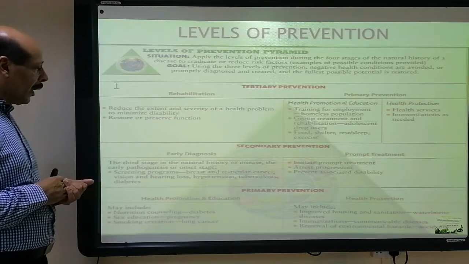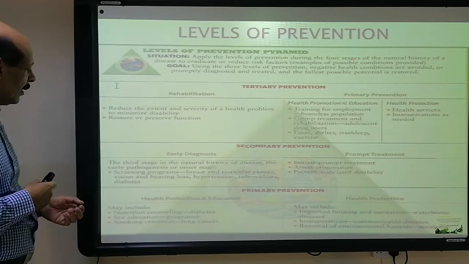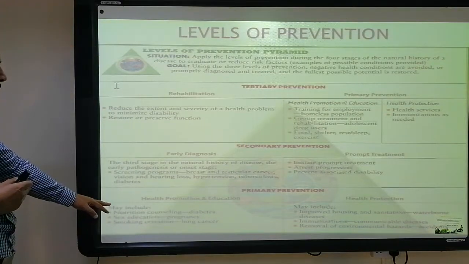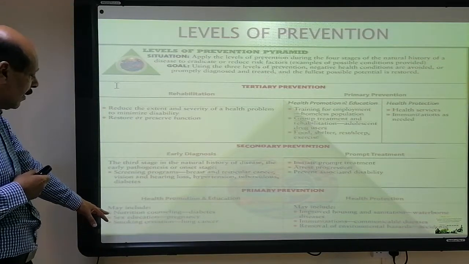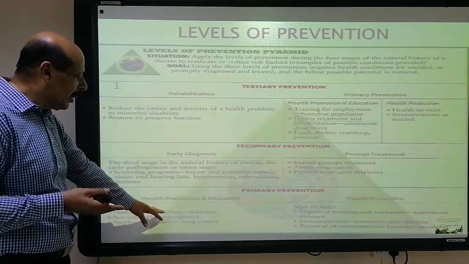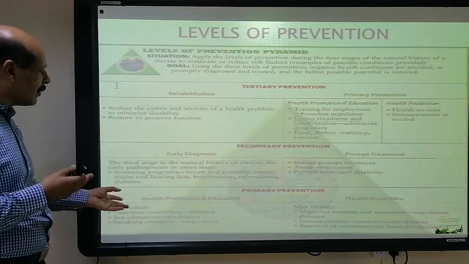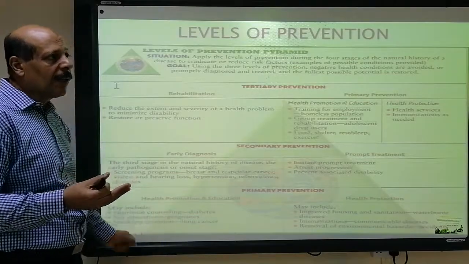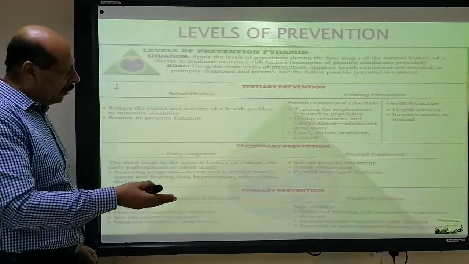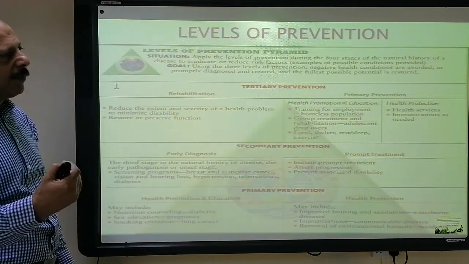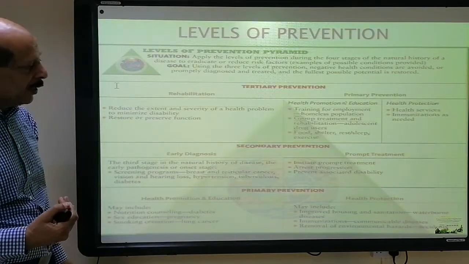The primary prevention is health promotion and education, for example in nutrition, and also counseling for those who have chronic illness, like diabetes, because they might have low immunity.